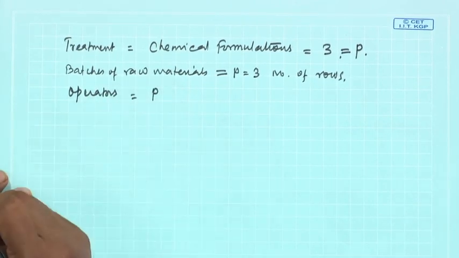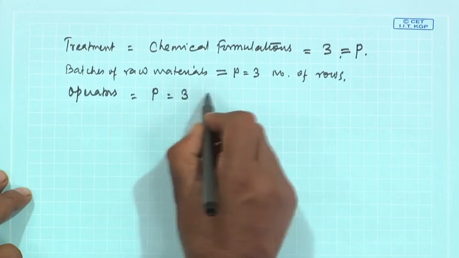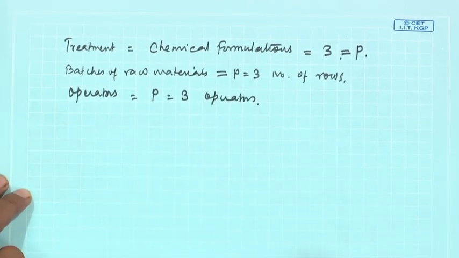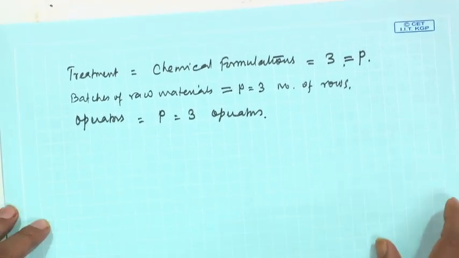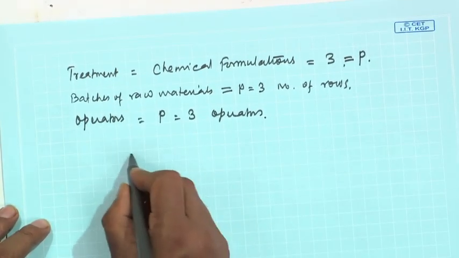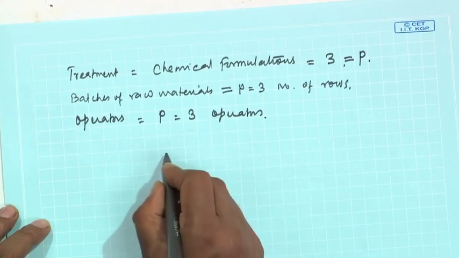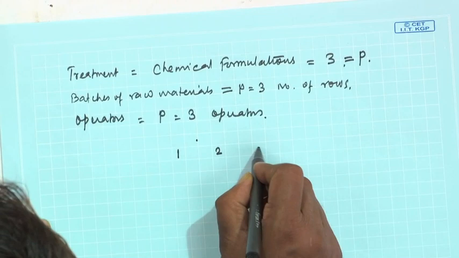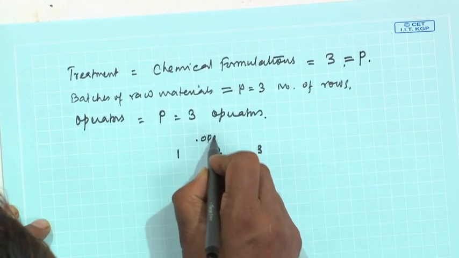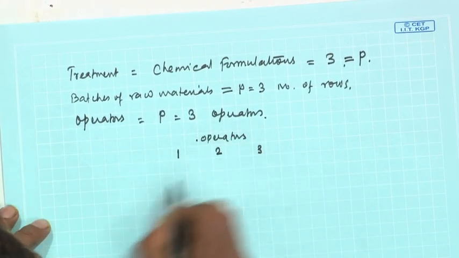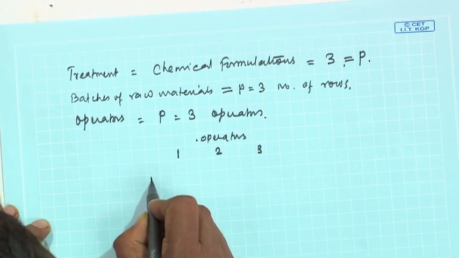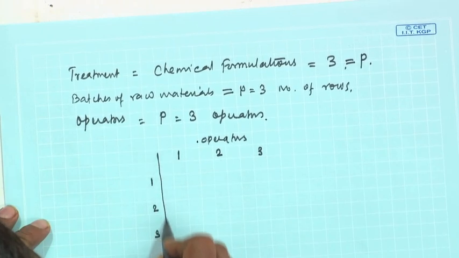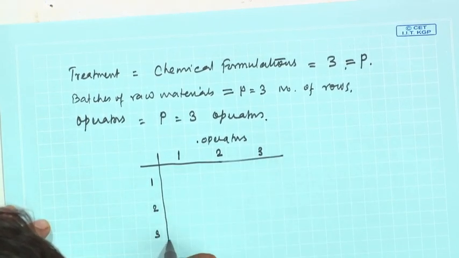It also will have p equal to 3, so 3 operators are needed. Suppose this side operator 1, operator 2 and operator 3, then this side batches of raw material 1, raw material 2 and raw material 3.